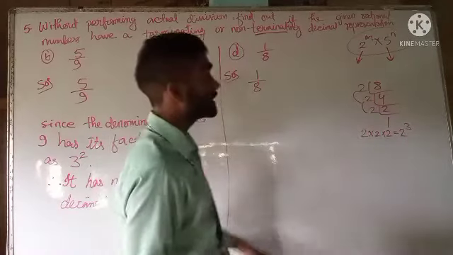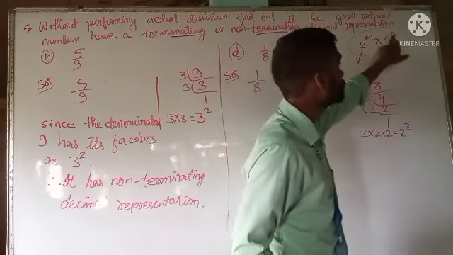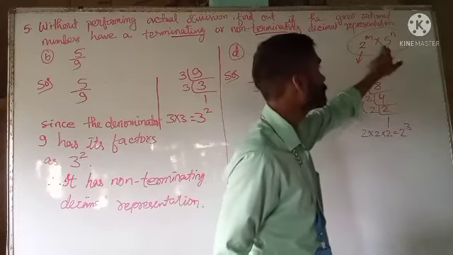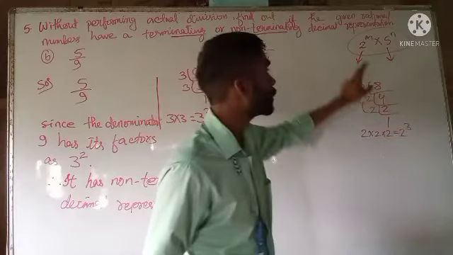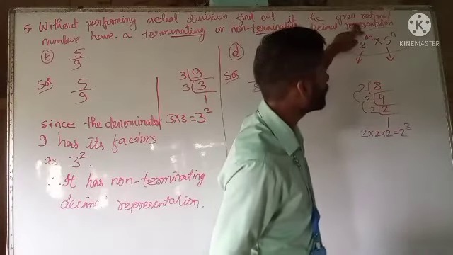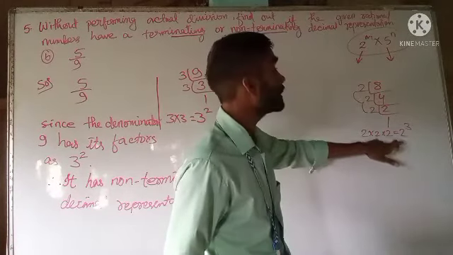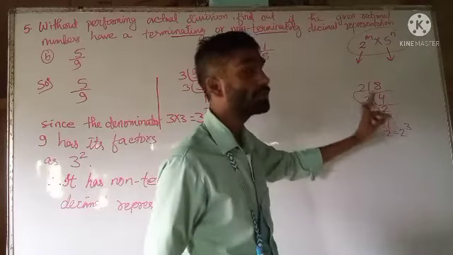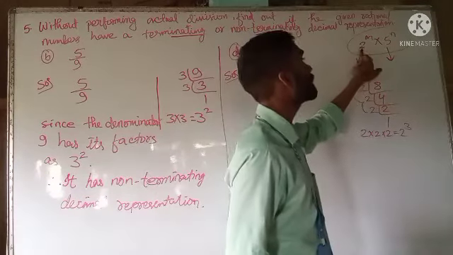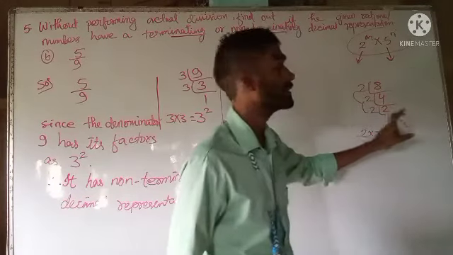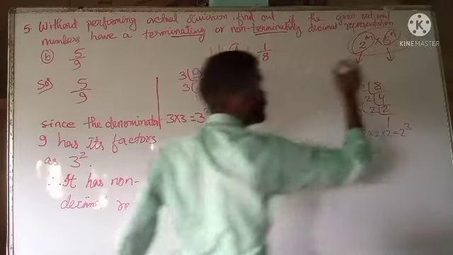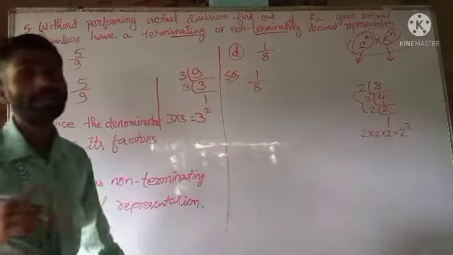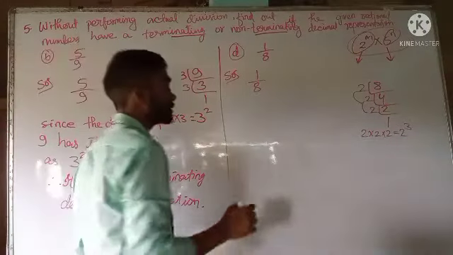Now here we can say that it does not have the factor 5 to the power n, so it has only the 2 to the power m factor in it, but it will have a terminating decimal representation. As I have told you, if any one of them is present, only one is present, then we can say that it is a terminating decimal representation.